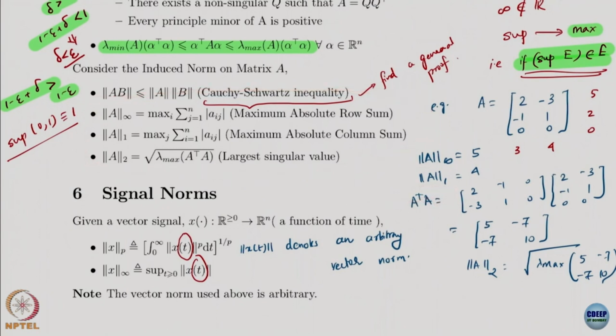All I have done is compute the absolute row sum and absolute column sum, taken the maximum absolute row sum, that is the infinity norm, taken the maximum absolute column sum, that is the 1 norm, and then for the 2 norm you have to compute A transpose A and compute the largest eigenvalue. A little bit more work. Alright, great. Any questions?